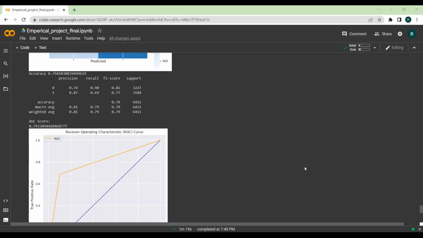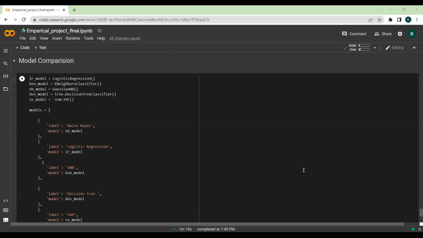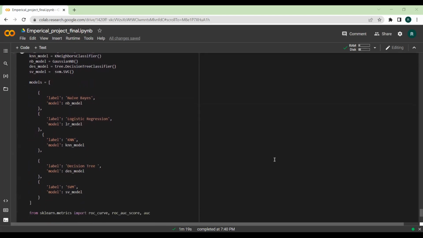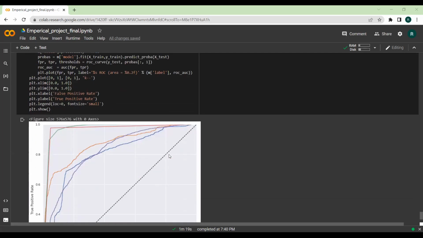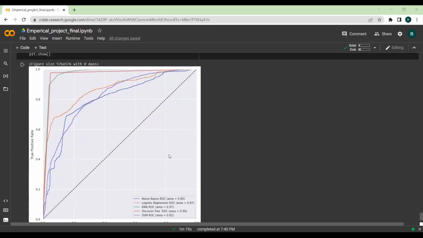Here we have compared all the models. So coming to the model comparison, we have compared the models, and here we can see in the graph. If we look here, we have taken all the models together: naive Bayes, logistic regression, KNN, ROC, sorry, KNN, and SVM.